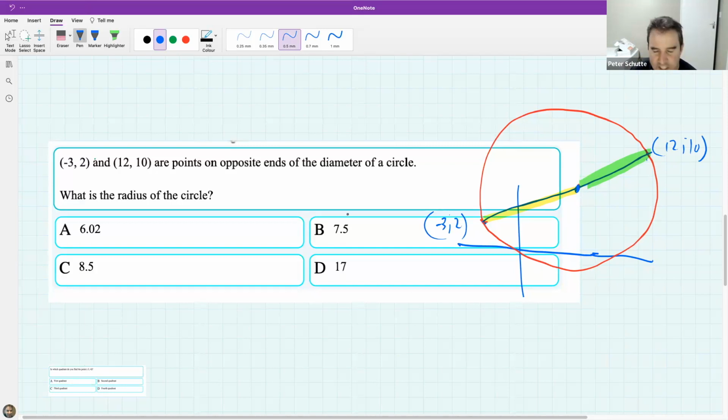So does anybody have some tips? How would we go about doing this question? Can anyone help me? What strategies would you use? I'm always interested in strategies more than numbers. What should I do first?